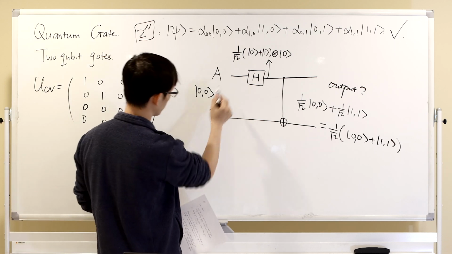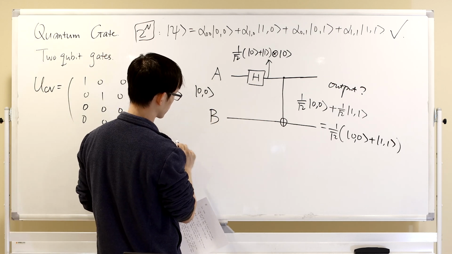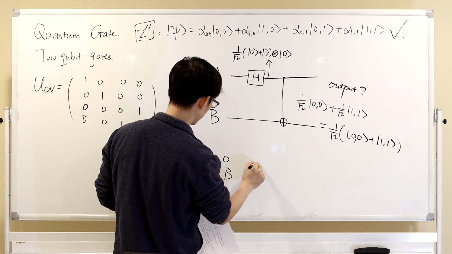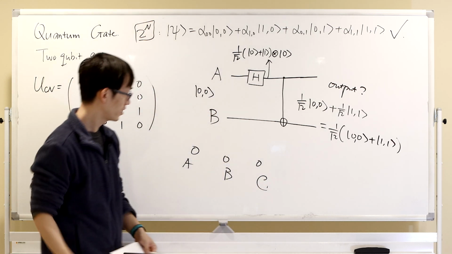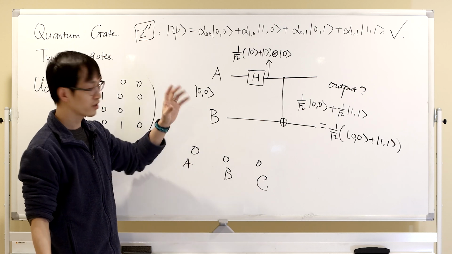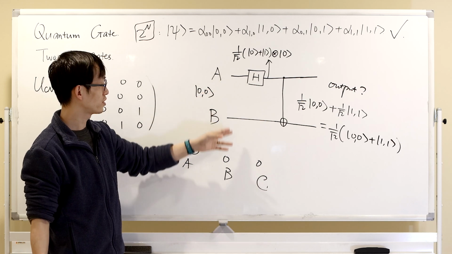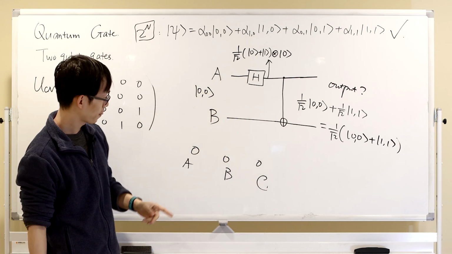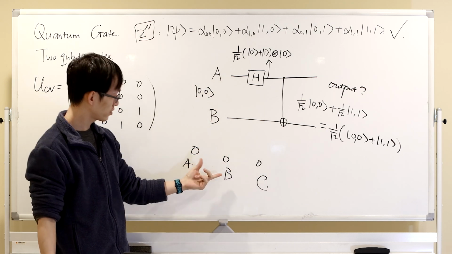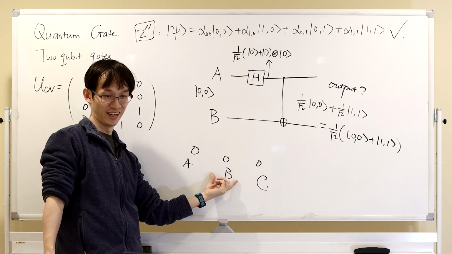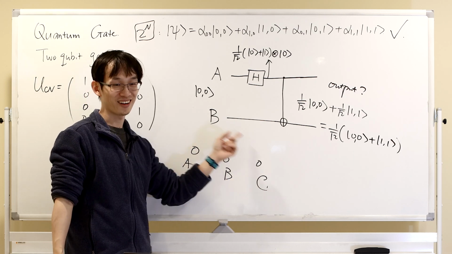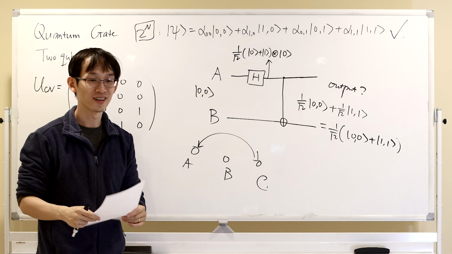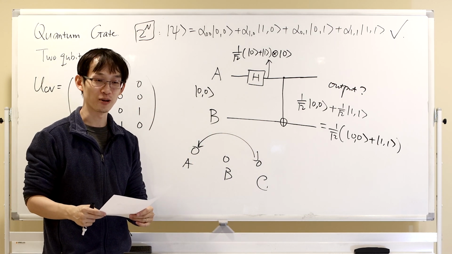For example, you have qubit A here, qubit B here, and qubit C here. And you say, I want an algorithm to use qubit A to control qubit C, a control NOT gate from A to C. But then A and C are physically separated by qubit B. How can you make qubit A and qubit C interact? This is not a trivial question.